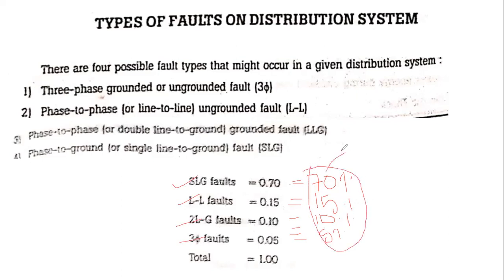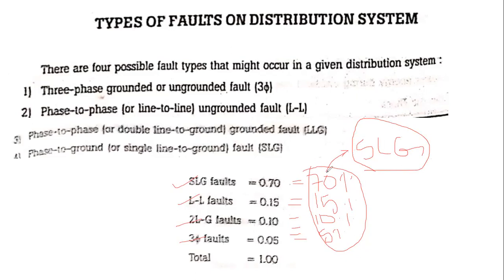Therefore, in distribution systems, the largest percentage of faults are single line to ground faults. These are common faults, mostly temporary, and 70% of faults are line to ground faults.